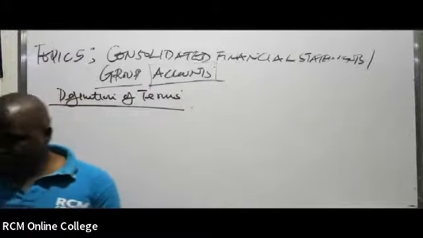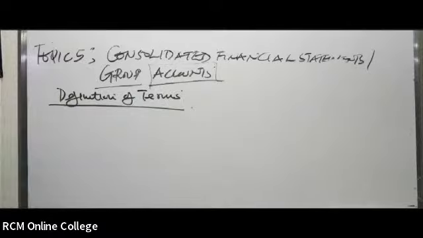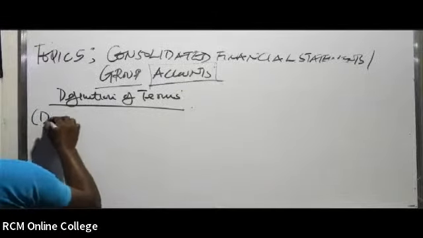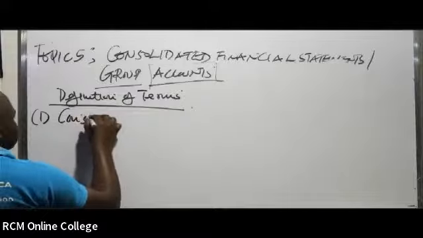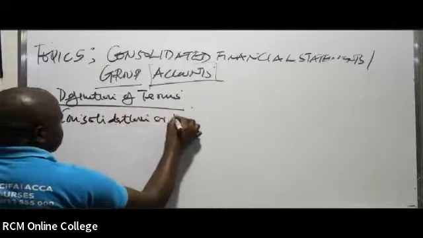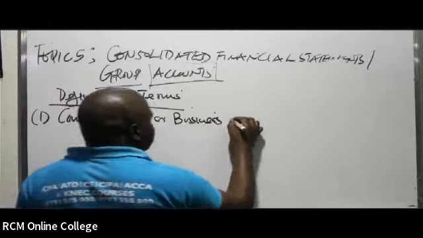The first term I want us to define is what we refer to as consolidation or business combination. So number one, we define consolidation or business combination. What is consolidation or business combination?